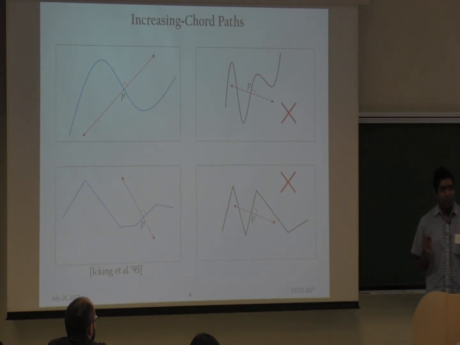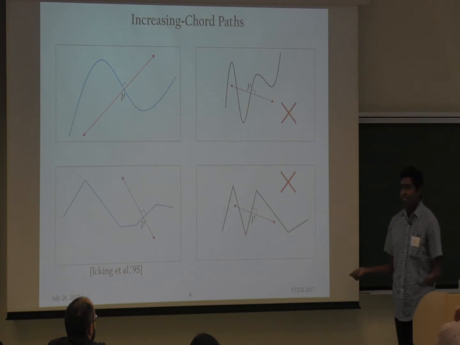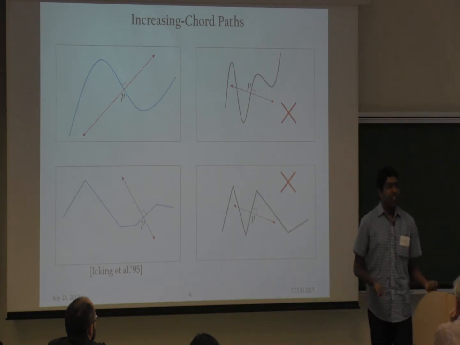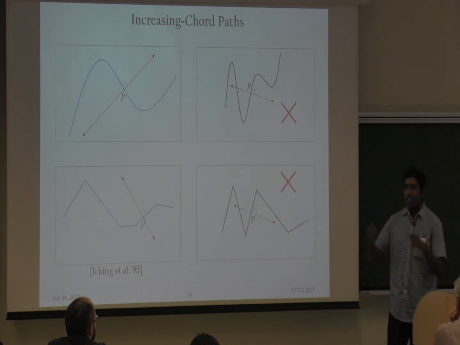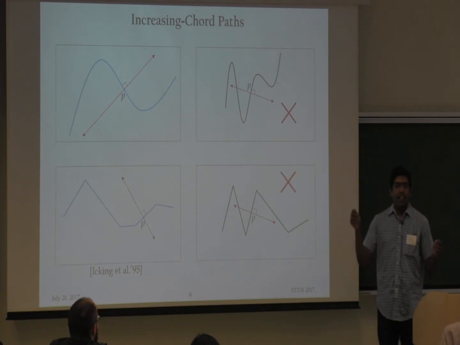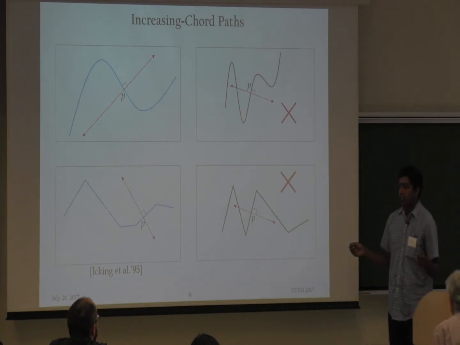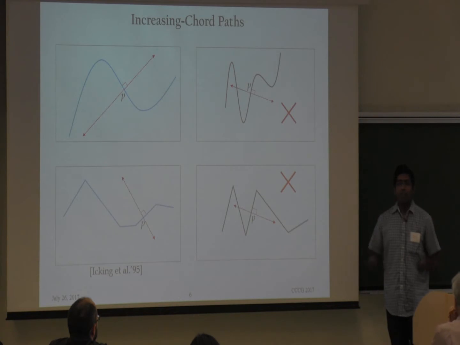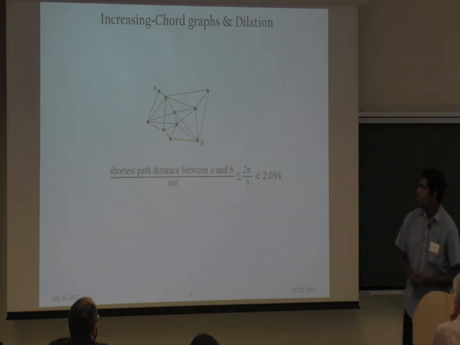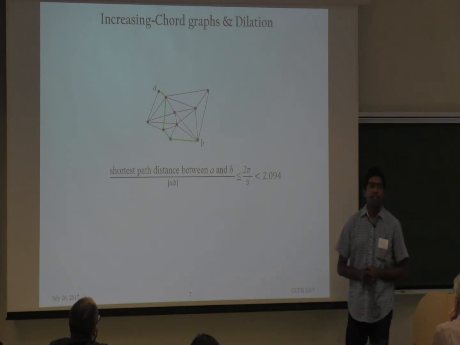Now, you can ask why I am interested in this type of paths. Think of a geometric graph where every pair of vertices is connected by increasing-chord paths, and call them increasing-chord graphs. It turns out that increasing-chord graphs have low dilation.